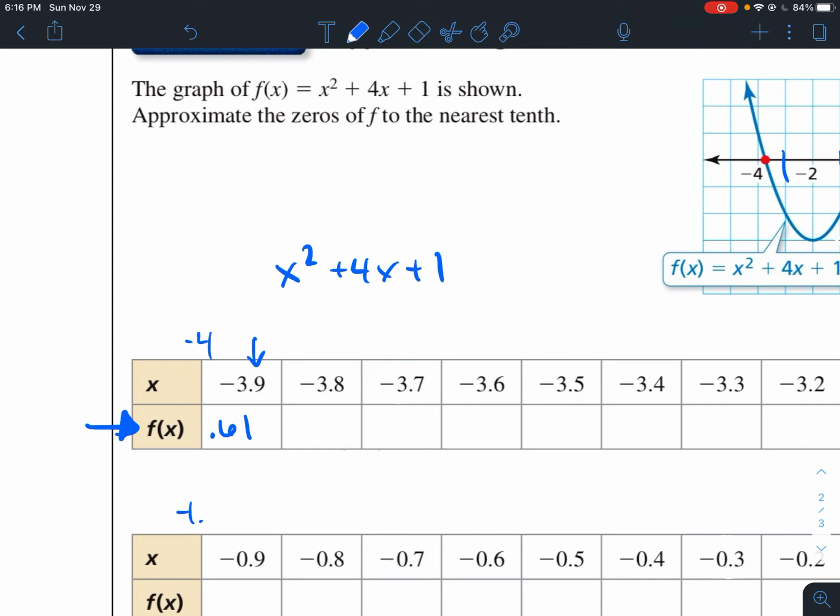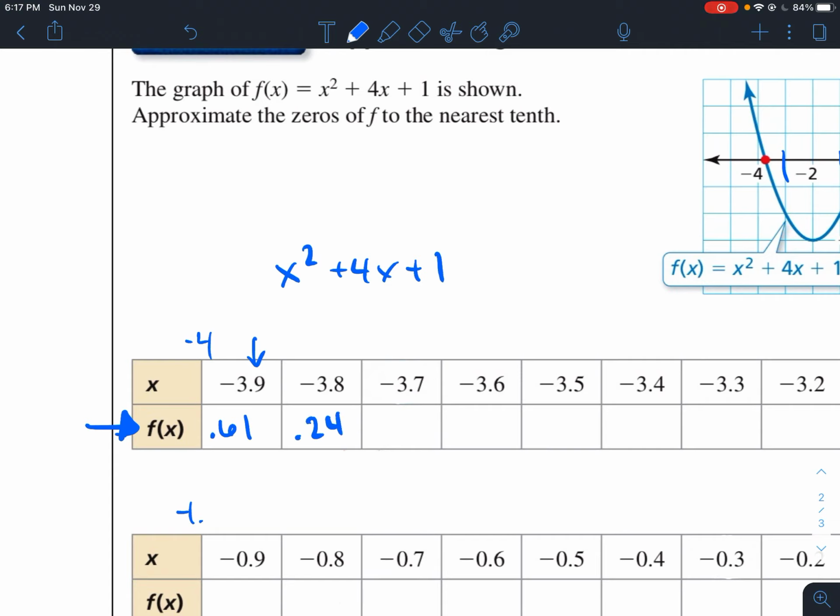Okay, so let's try negative 3.8 then. Whenever I plug that in, let's see. So if I do x squared plus 4x plus 1, I get 0.24. Okay, so I'm getting closer to 0.